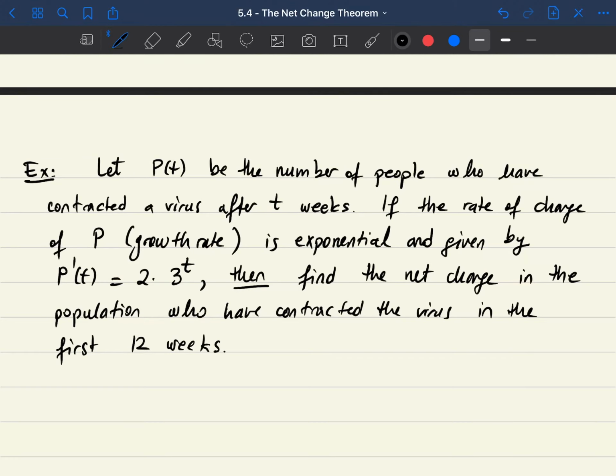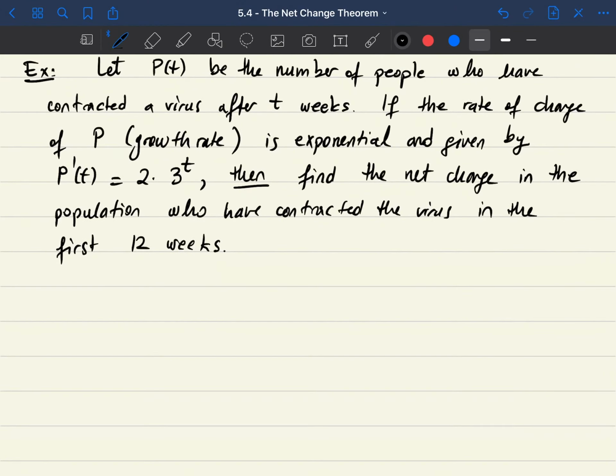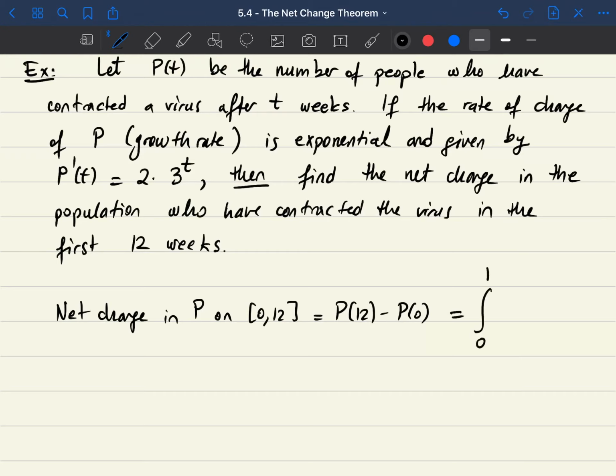Okay, so according to the net change theorem, the net change in P on the interval 0 to 12 is equal to P(12) minus P(0), which is also, according to our theorem, the integral from 0 to 12 of P prime t dt. So let's do this.